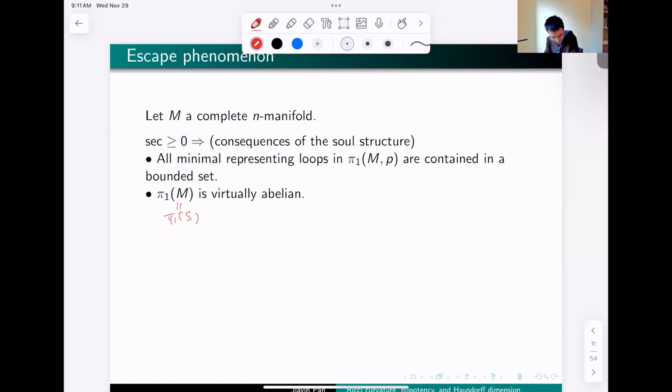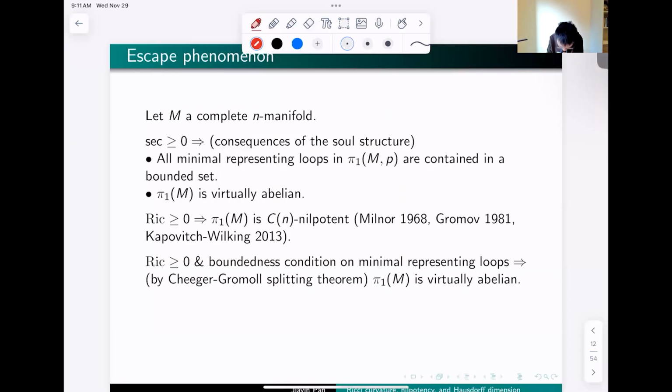Then it follows. And let me also mention that for non-negative Ricci curvature, we have this result developed over the years. Eventually, we can say that the fundamental group is C(n)-nilpotent, which means that there is a subgroup of index at most C(n), and that is a nilpotent subgroup. Now, Milnor first showed that the group, if it's finitely generated, then it has polynomial growth.